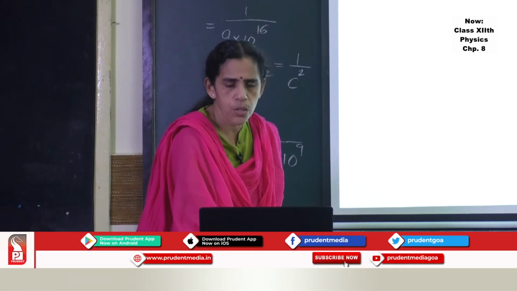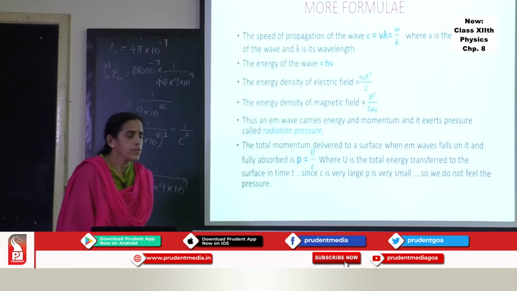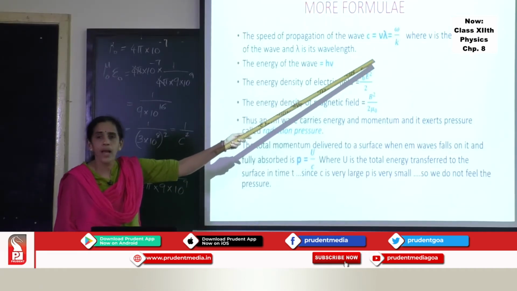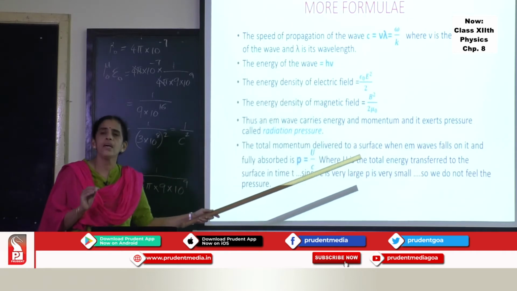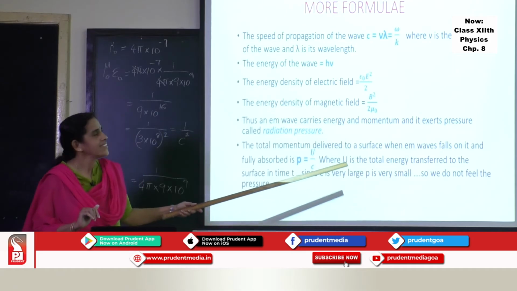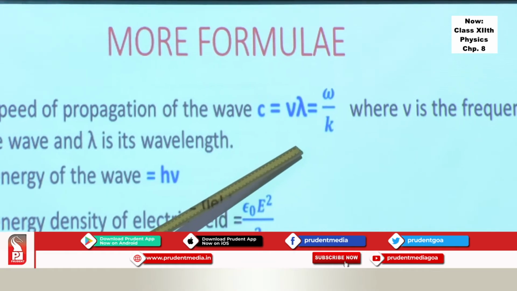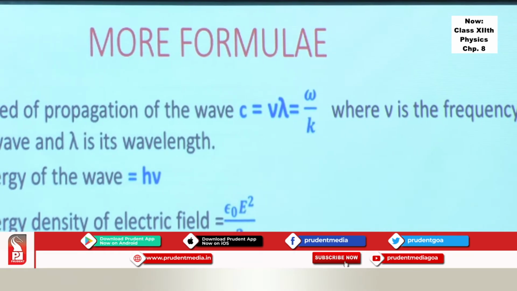More formulae which you are familiar with. Okay. See, the speed of light is equal to nu lambda. Last year's knowledge it is, where nu is the frequency, lambda is the wavelength. Which you can also prove is omega upon k. What is omega? 2 pi into frequency.